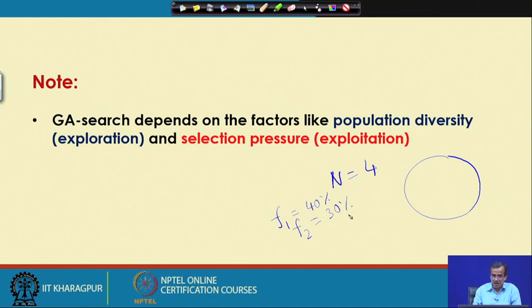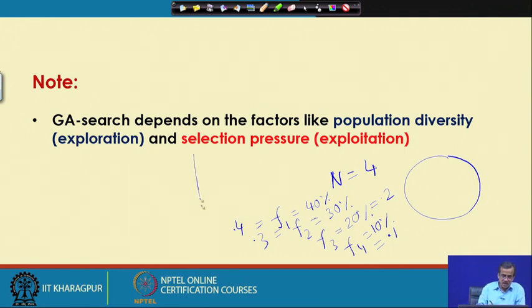So, 40 plus 30 is 70, then F3 is say 20%, that is 90, and F4 is the remaining 10%, that is the 100%. Now, if this is the situation, its probability of being selected will be 0.4, 0.3, 0.2, and 0.1.